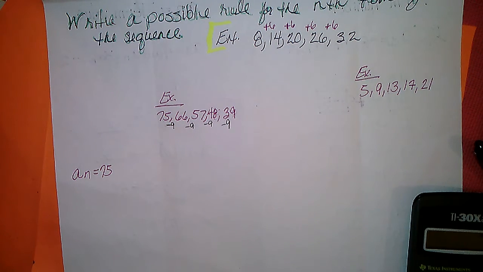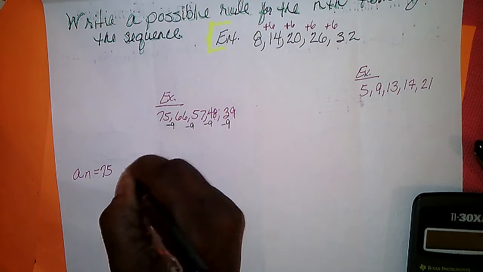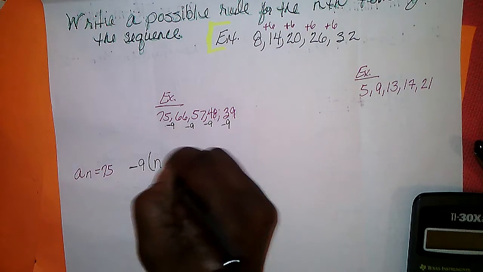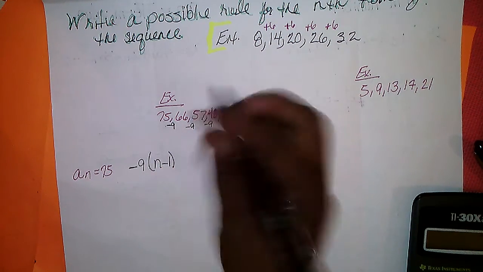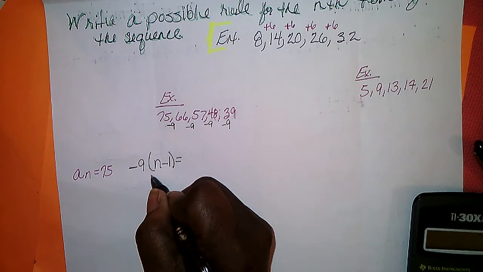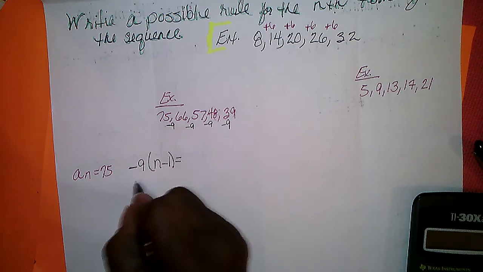So each term gives us a difference of 9. So we have 75, and then we have our negative 9, and our n minus 1, which is our normal formula. And so we do our distributive property.